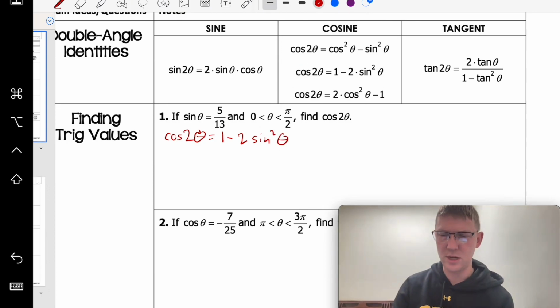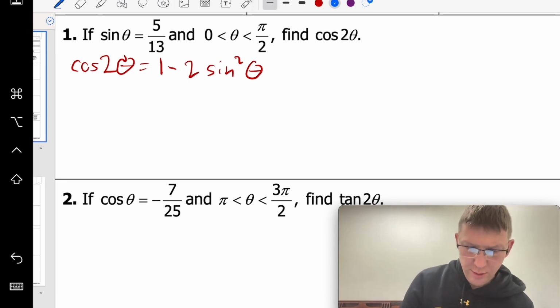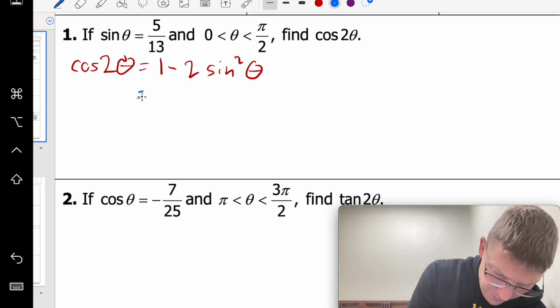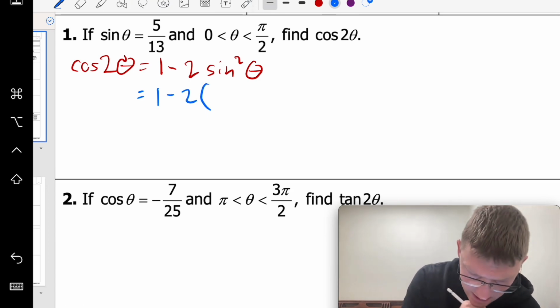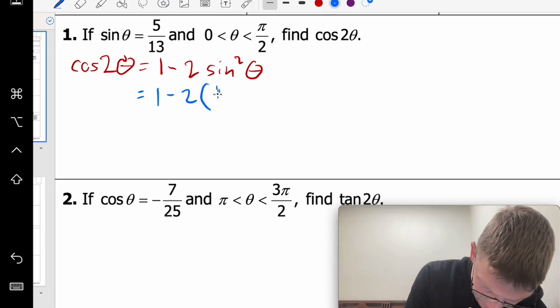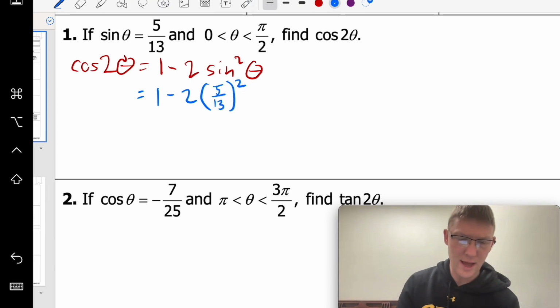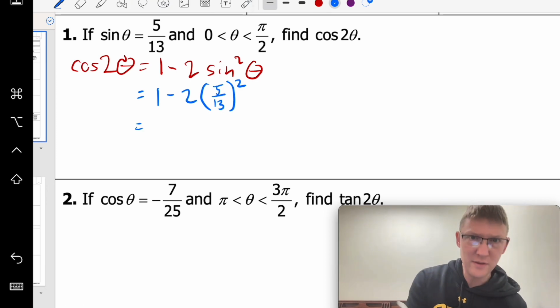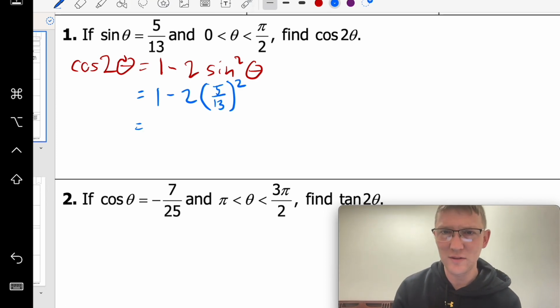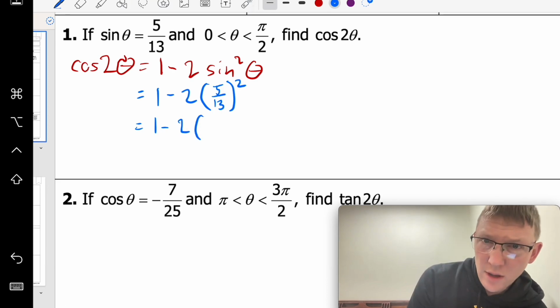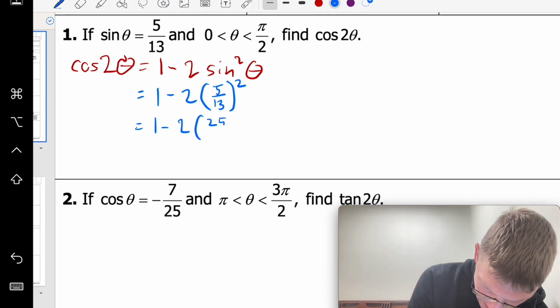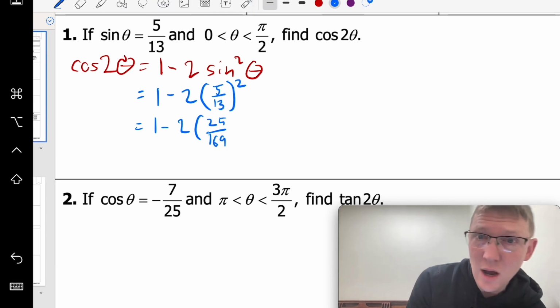So let's zoom in. Okay, we've got our equation, so let's plug in the stuff that we know. We know 1 minus 2 sine of theta is 5 over 13, and then we're going to square that. Then we can simplify that, and this is kind of sort of calculator work. So we got 1 minus 2 times 25 over 169.